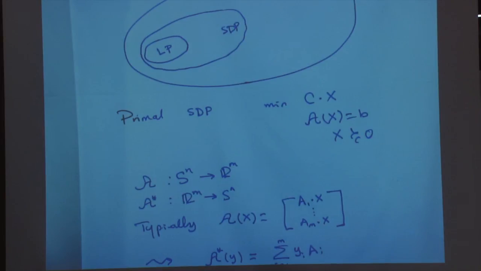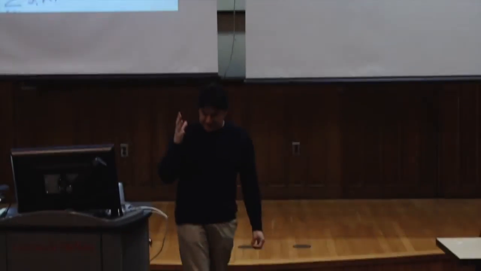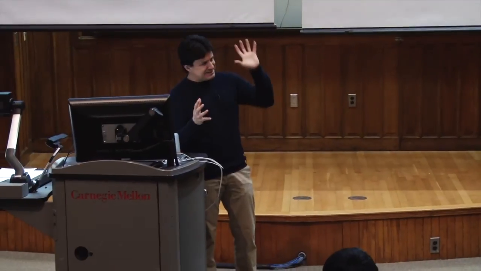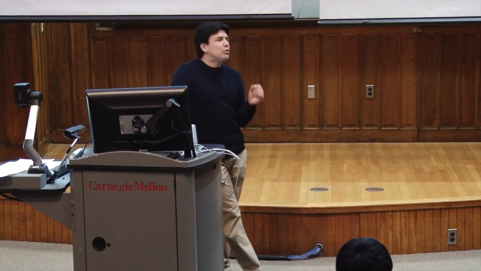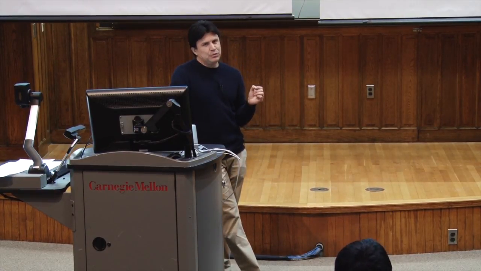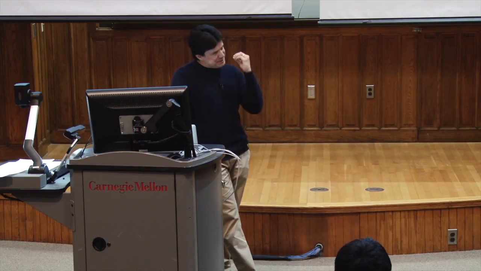Now, let's go back to what we did on Monday. We spoke about the primal LP problem and the dual LP. And then the very next thing that we did was discuss some neat duality relationships between these two problems. So that's exactly what we are going to do now. We have weak duality, just as we did for linear programming.